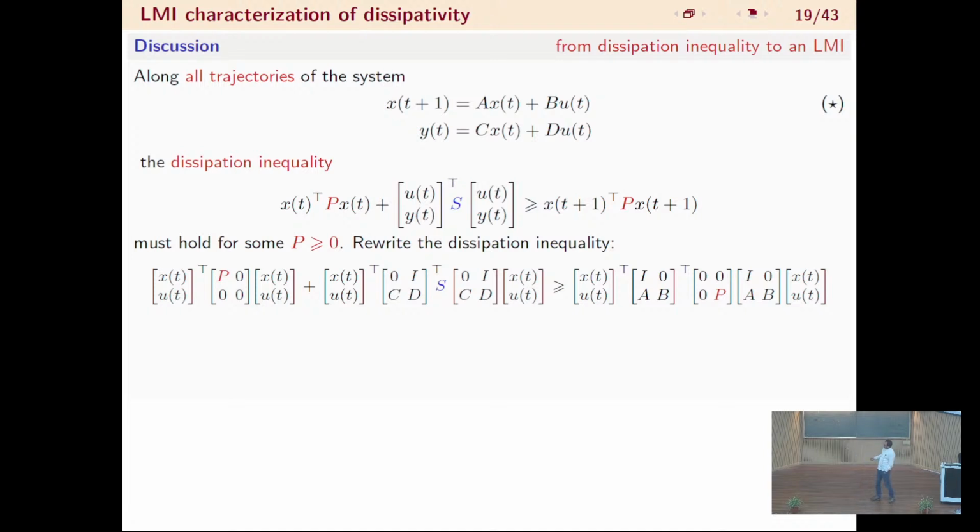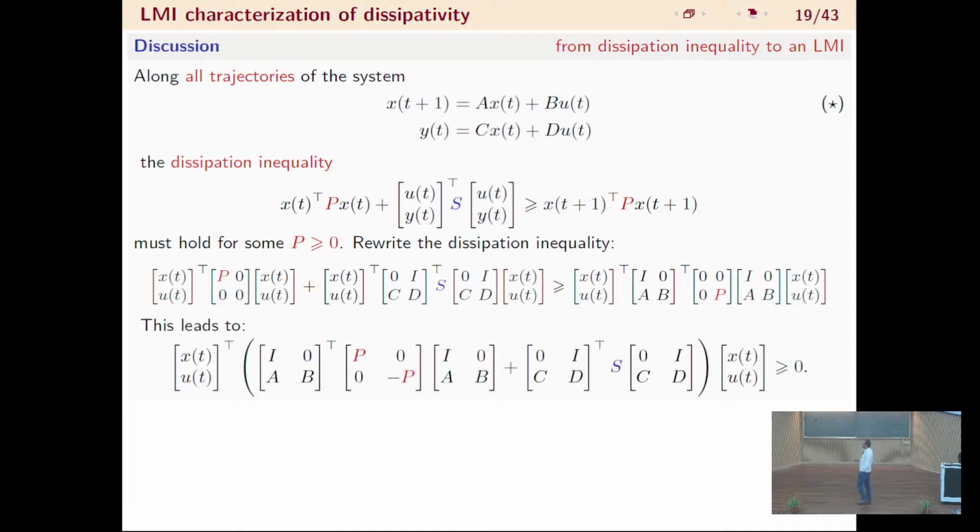But the nice thing about this way of writing it is that now everything is in terms of the xu vector. So if I take xu transpose out from the left and xu from the right, then I'm going to look at this inequality. Agree?